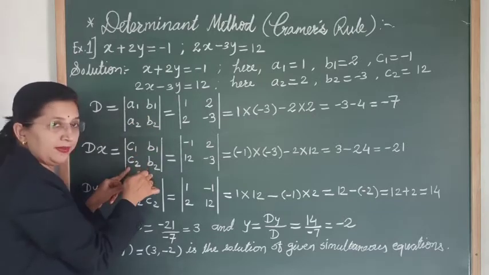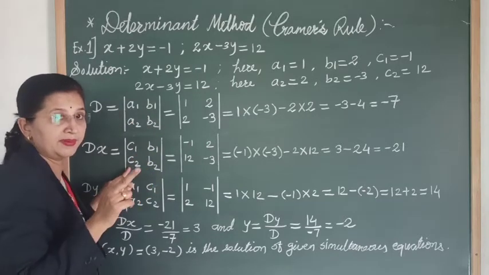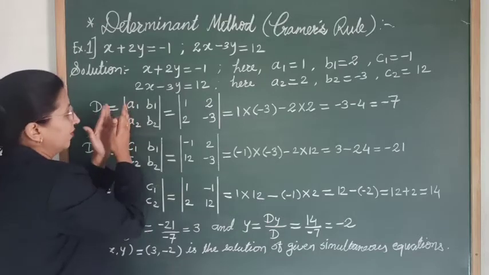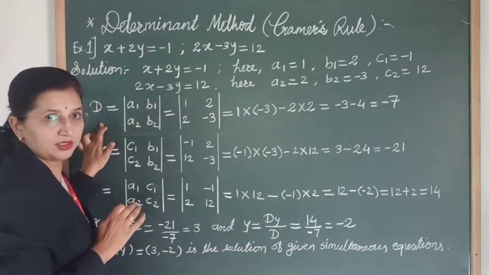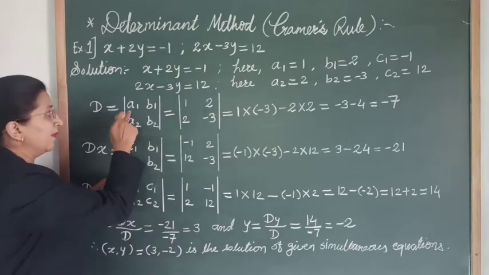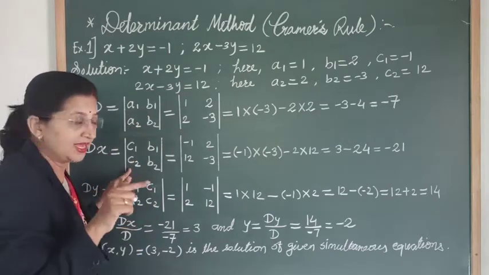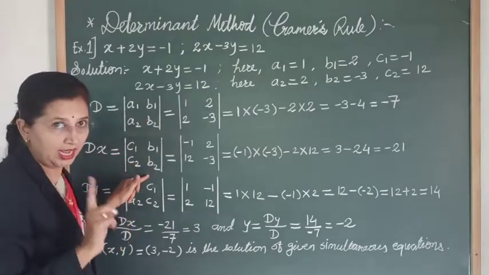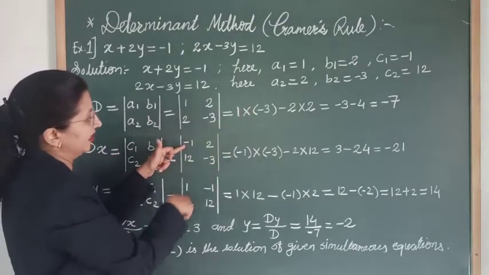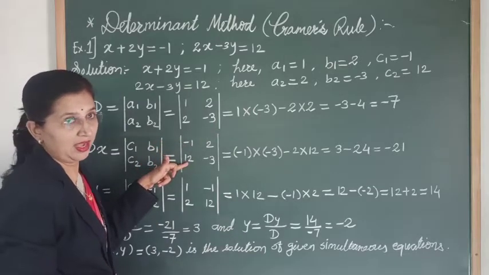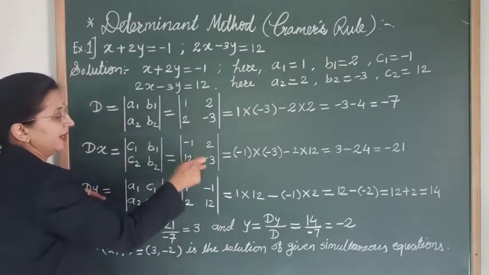This b1, b2 will be as it is. Dear students, let us keep it in mind: first column a1, a2, second column b1, b2 for d. Here we replace the first column by c1, c2, and the second stays as it is. So let's put in the values: c1 is negative 1, c2 is 12, and b1, b2 will be as it is.